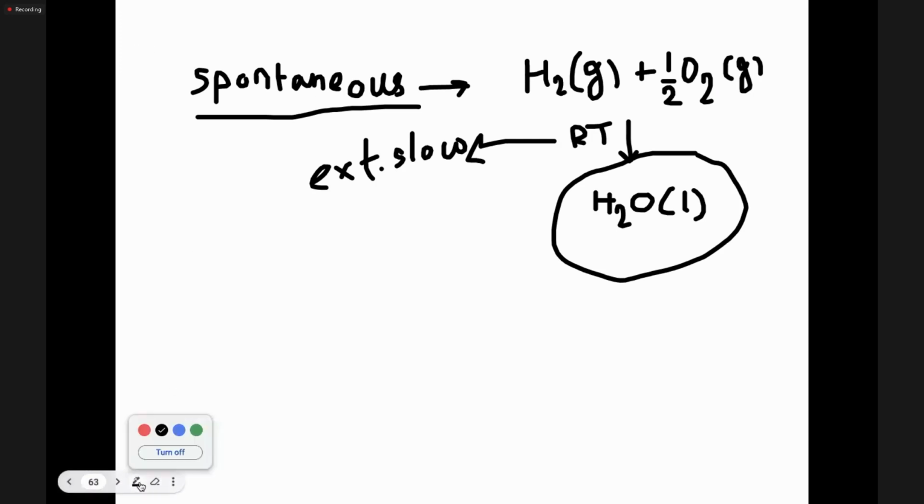So now we have got a kind of explanation for a spontaneous reaction.